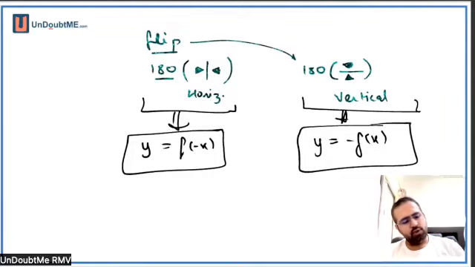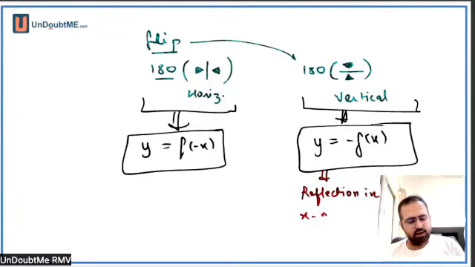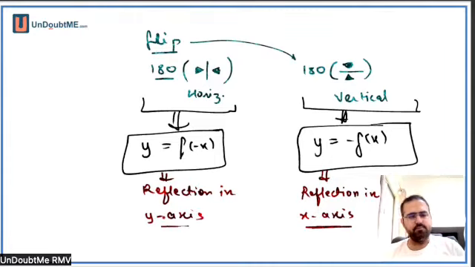So one more conclusion we can write: y is equal to minus f(x) is reflection in the x-axis. And the other one is reflection in the y-axis.